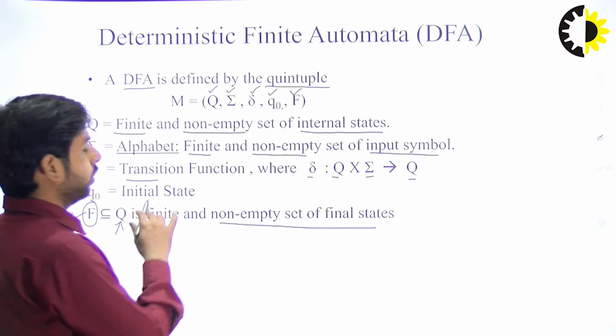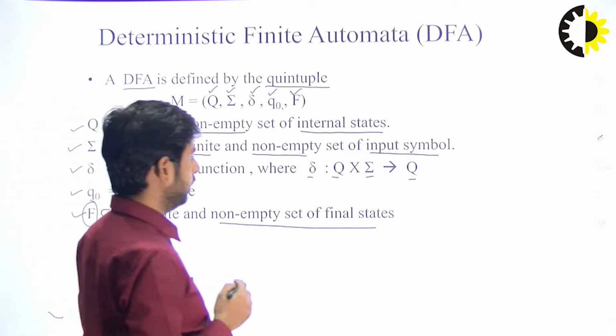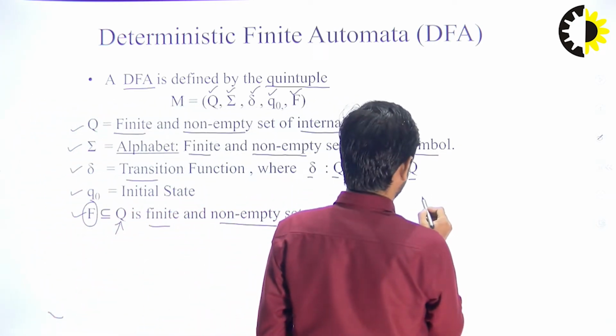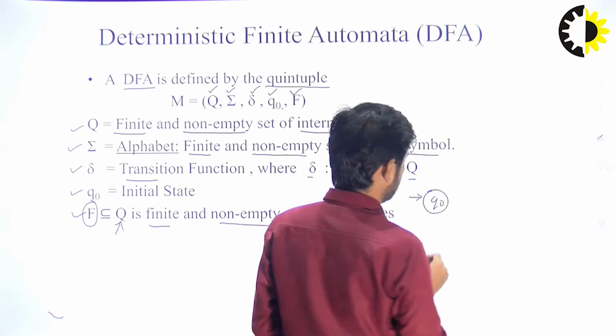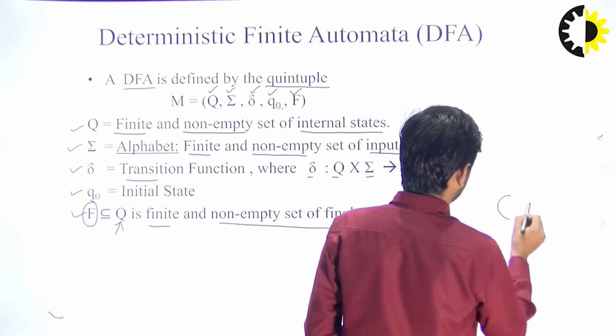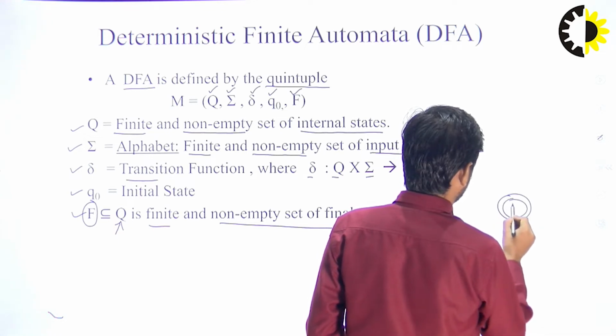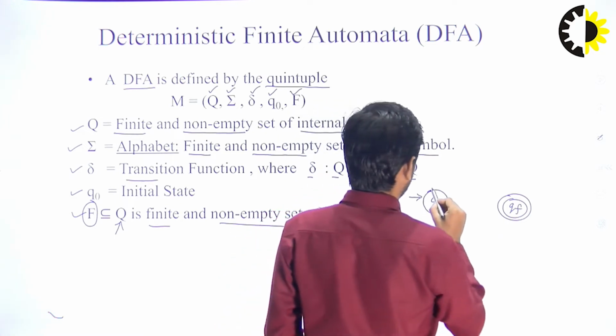To understand all these quintuple, let's take one small example. Suppose there is a sample deterministic finite automata with this Q node and this QF.